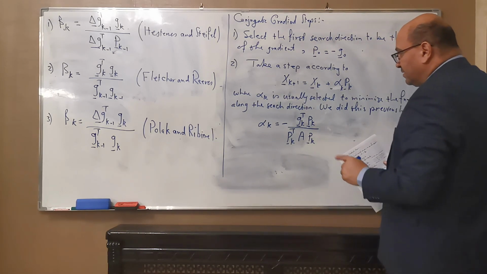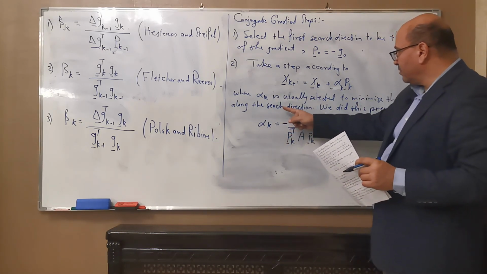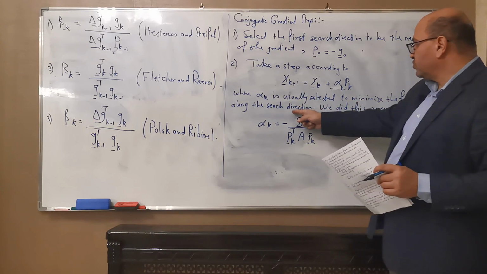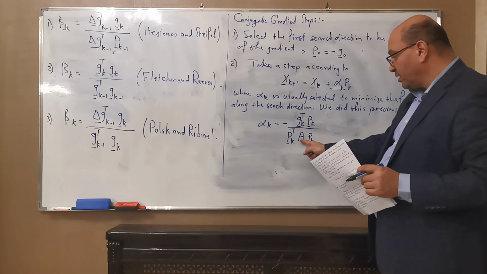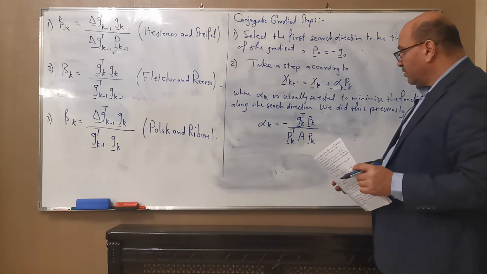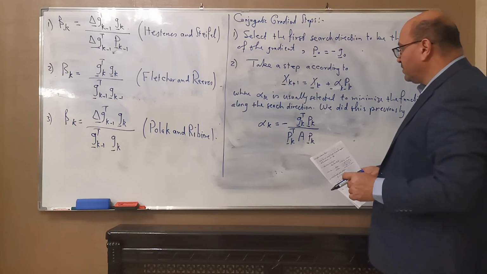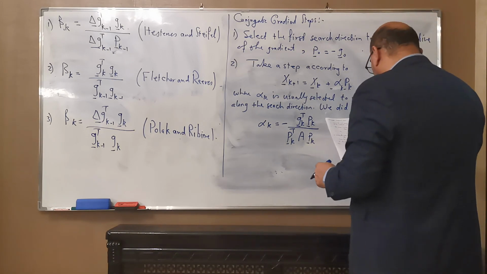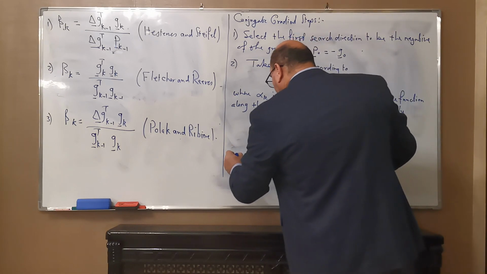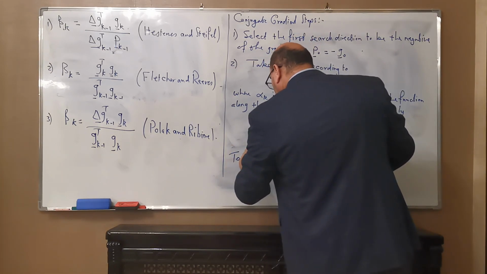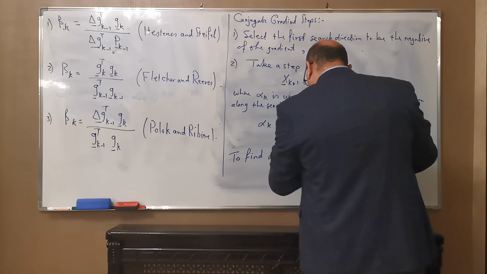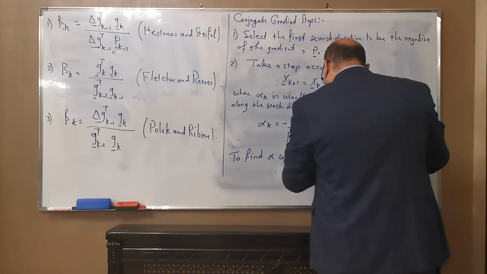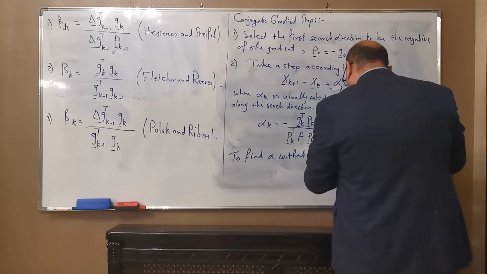But notice here that to calculate alpha k in the search direction, we did it previously, but still we need the Hessian here. There are other iterative ways to find alpha k without using the above formula.